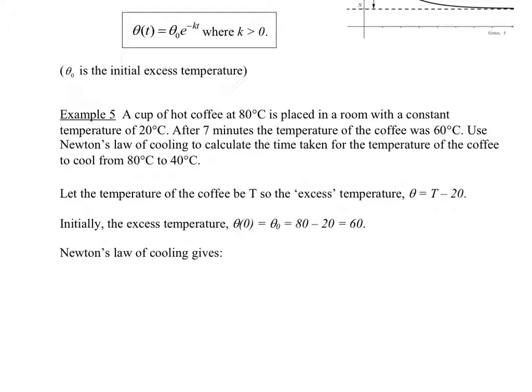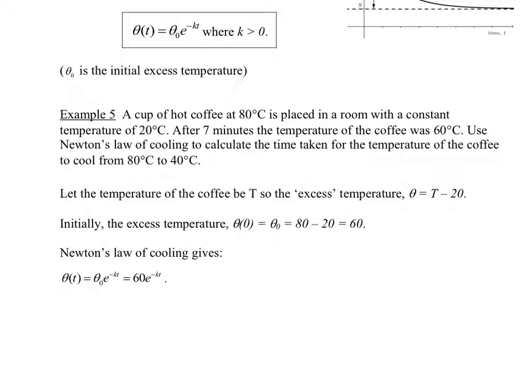Okay, so let's try to set this up. We've got this initial excess temperature of 60, so our law of cooling looks like this: theta of t is equal to 60 times e to the power of negative kt. That's not so useful yet because we don't know what k is. However, we're told that after 7 minutes the temperature was equal to 60.